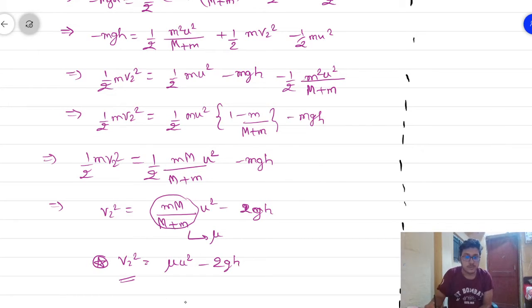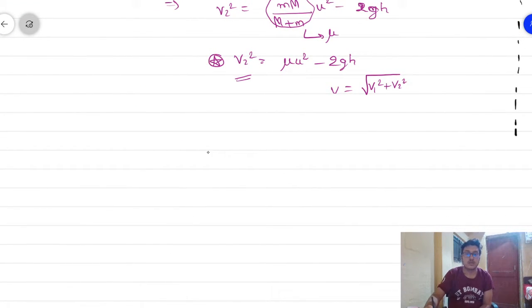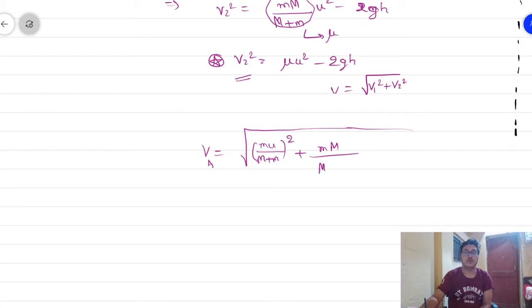Now we are required to find the speed. Speed of the block is given by root over v1 square plus v2 square. Speed at point A, v1 is mu over (M plus m), square, plus v2 square, Mm over (M plus m) u square minus 2gh.